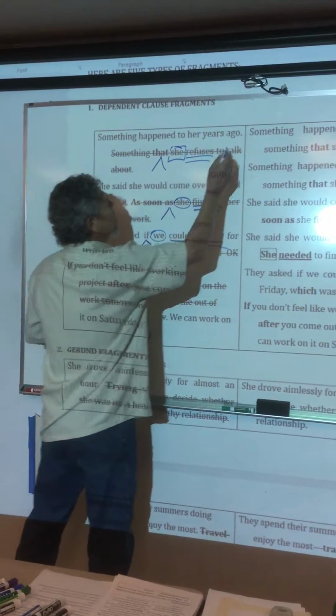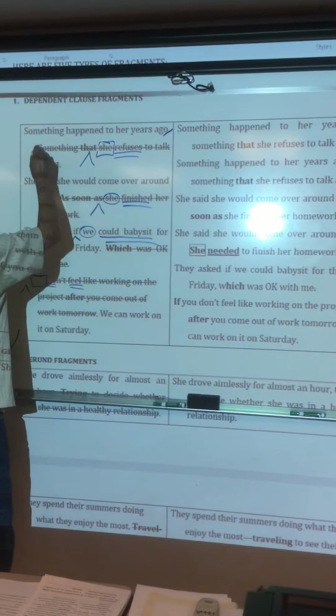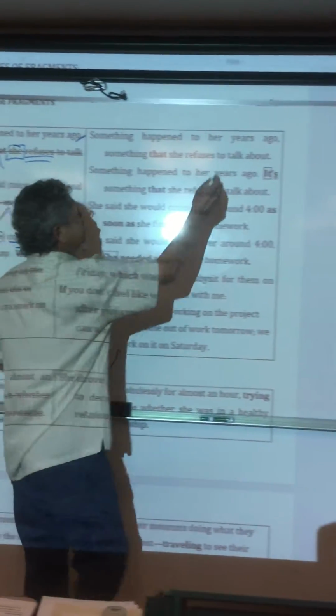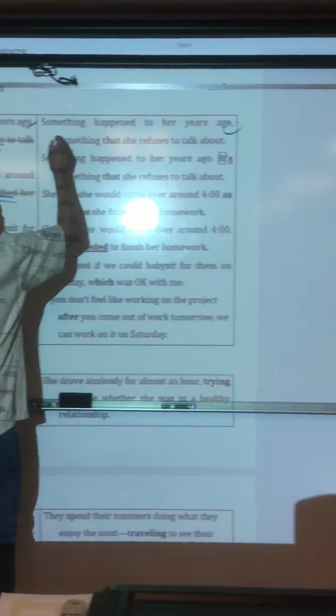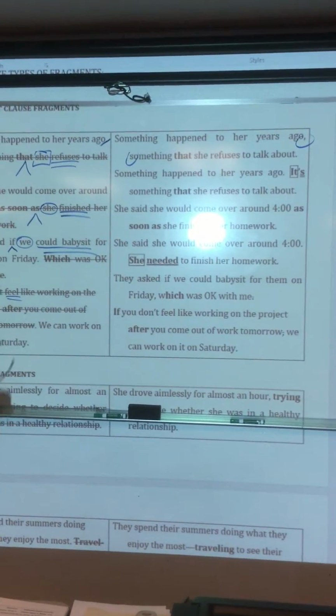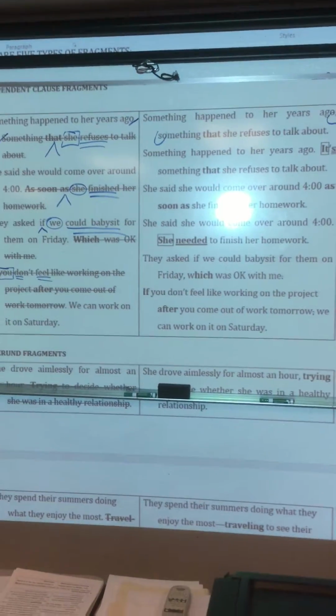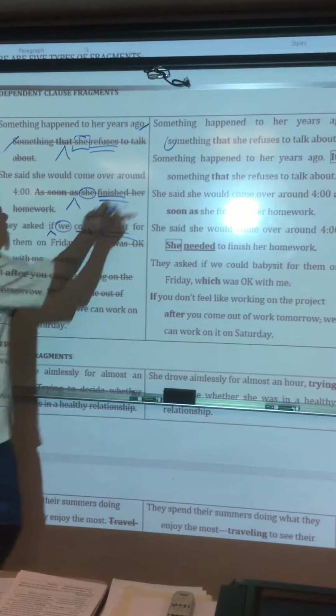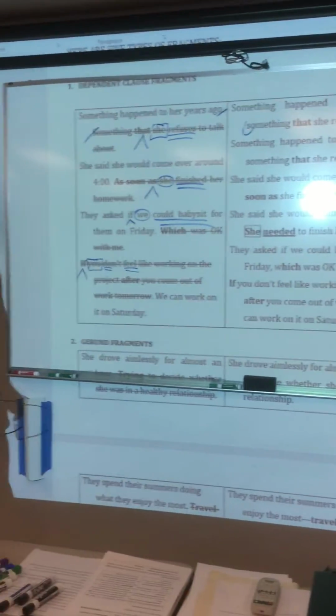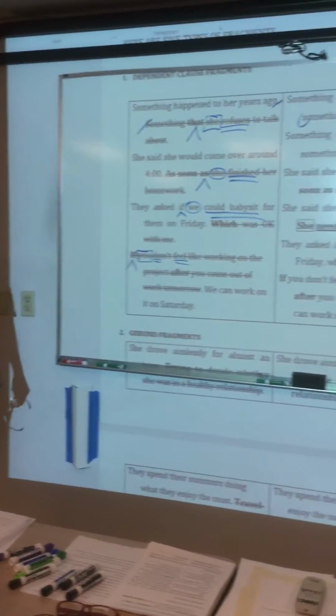The period is gone, the capital letter is gone. We have a small letter, and we just join the fragment to the complete sentence. Do you see that?